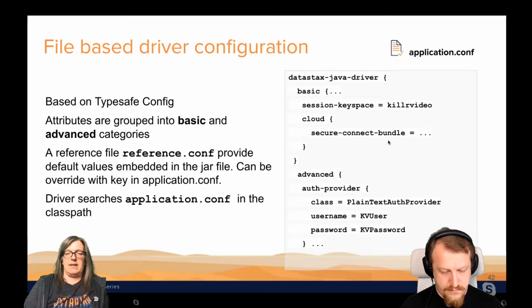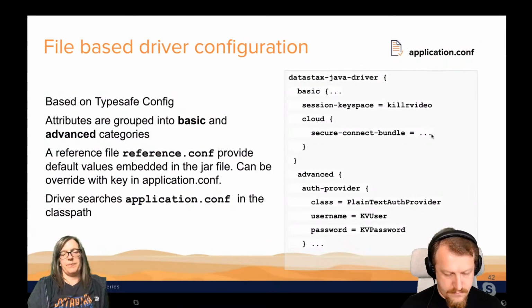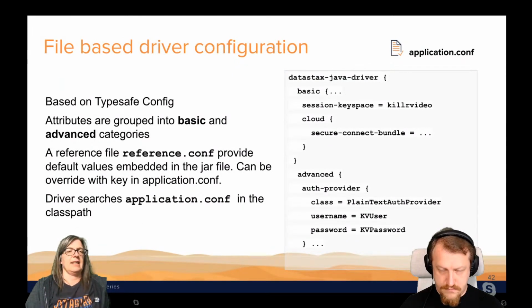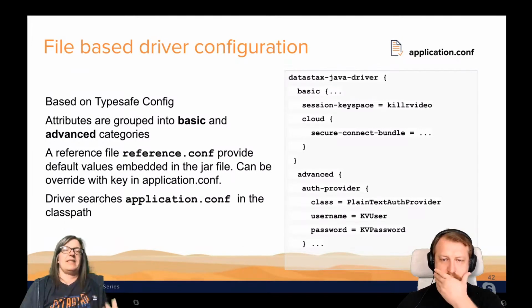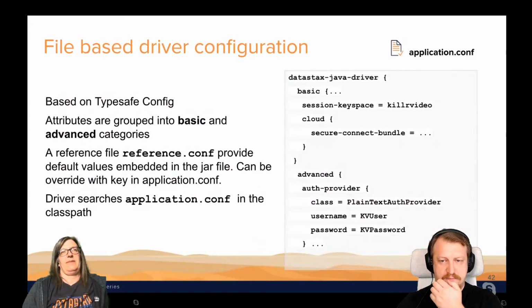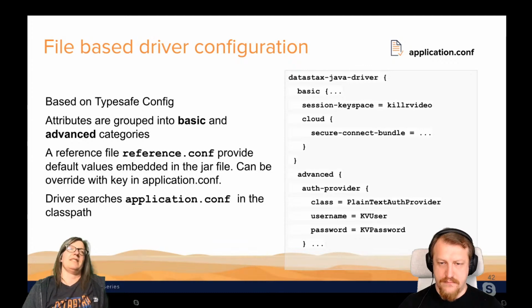Then we're telling it which username and password to use, and also where our secure connect bundle is located. We're going to do that in our second test today, where we set some additional parameters. You can set a lot more things there, so this is really only the beginning, the minimum you would want to set. But for example, you could set specific timeout settings, specific advanced properties, or control your load balancing policies, etc.